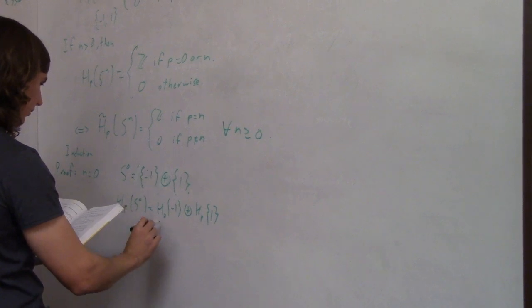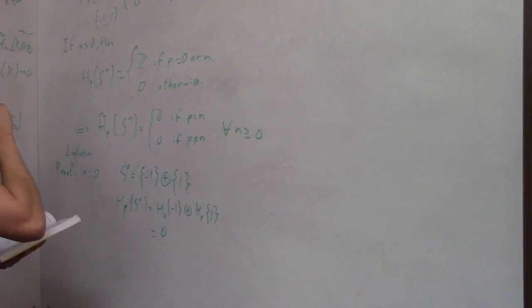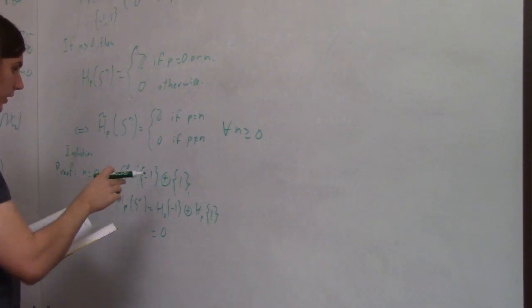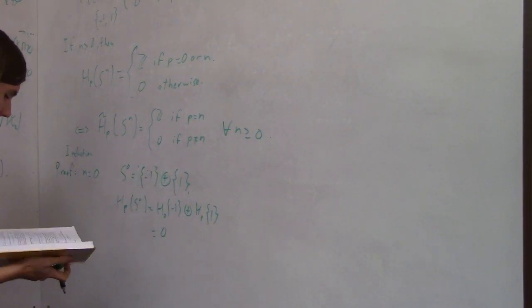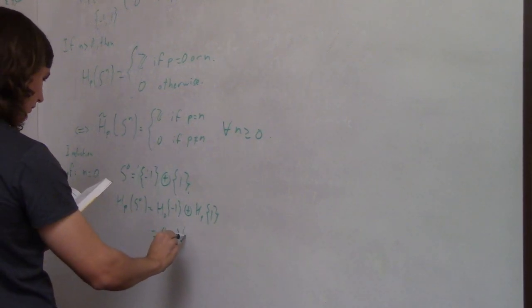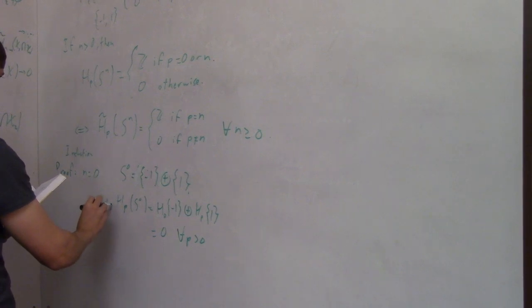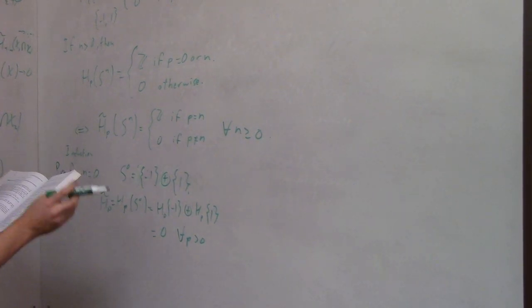Which is just going to be 0, because by the dimension axiom the homology of both of these is 0. That's where he's using 4.13 to break it into the direct sum, for p greater than 0.